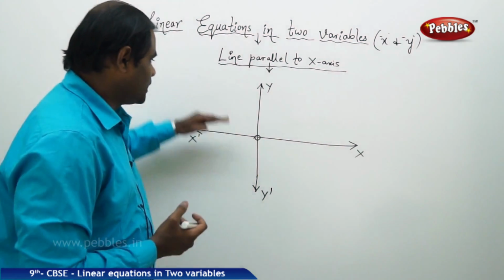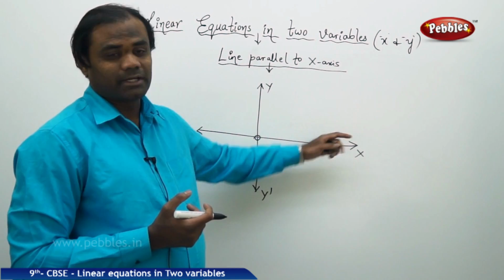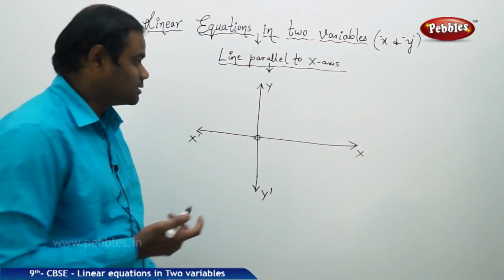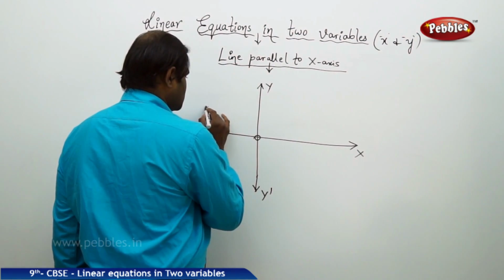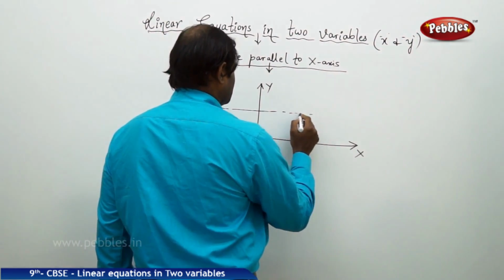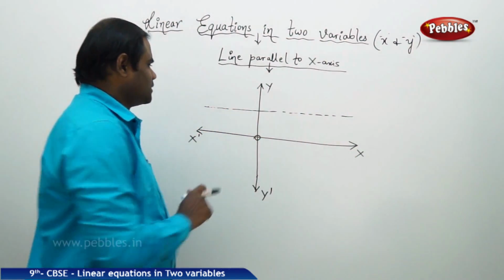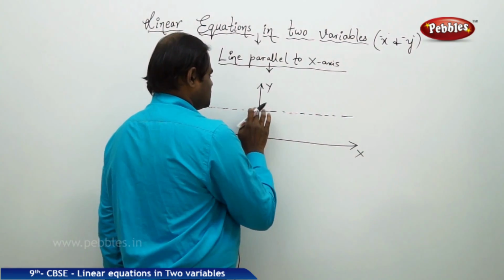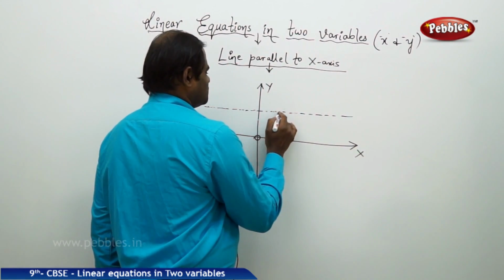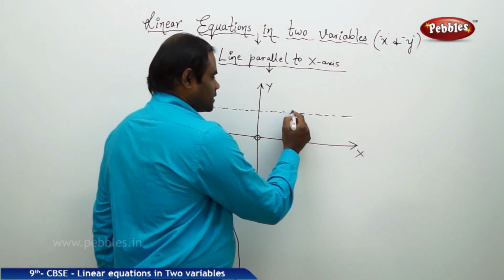Parallel in the sense that any line I draw parallel to x-axis is at equal distance at every pair of points. Say I take this line, which is assumed to be parallel to x-axis.